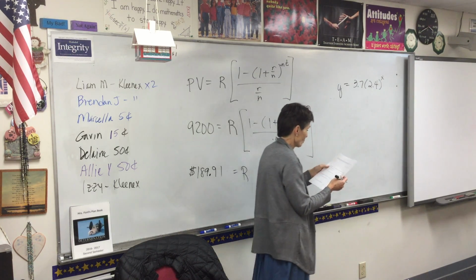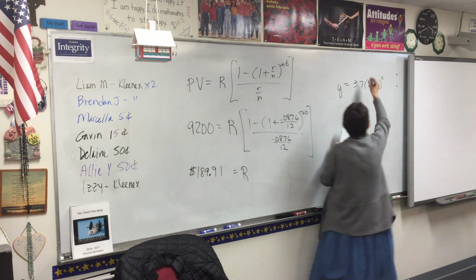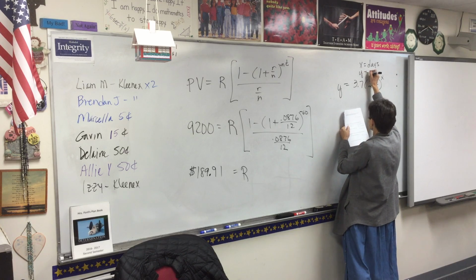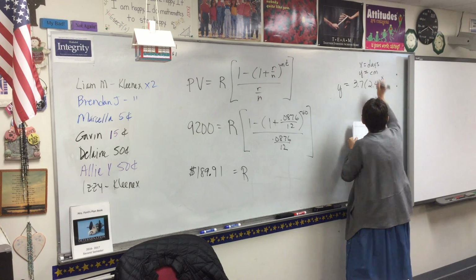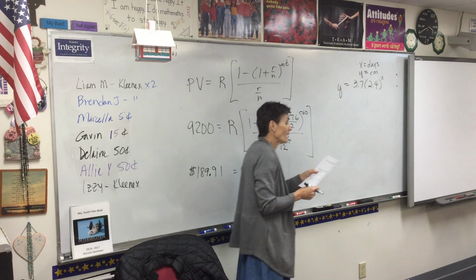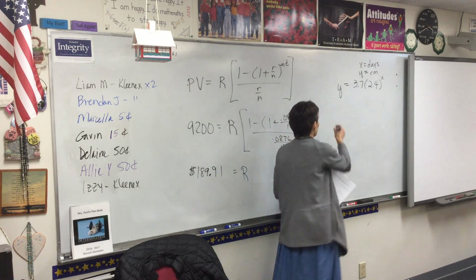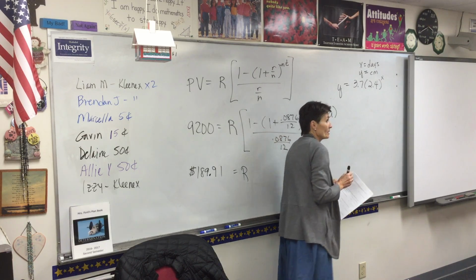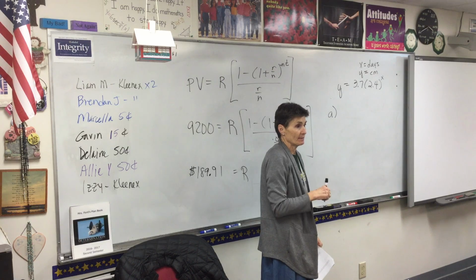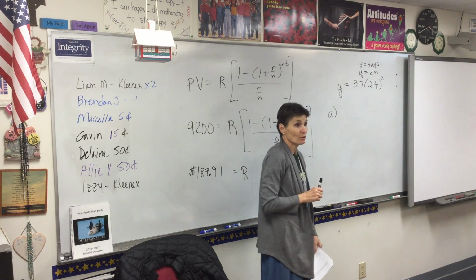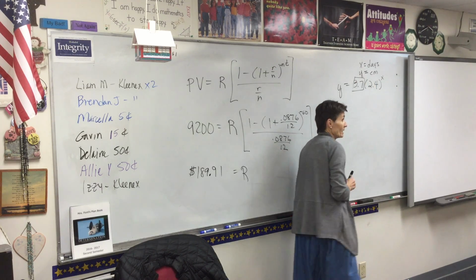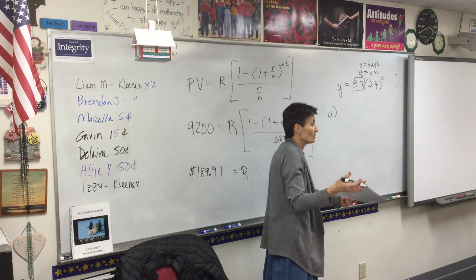All right, so here's my squash vine. X is in days, and Y is in centimeters. Okay? So Y is the length, X is the time. What is the initial length of the vine? How do we find the initial length of the vine? Well, you can actually look at your equation, because isn't this number the initial value?